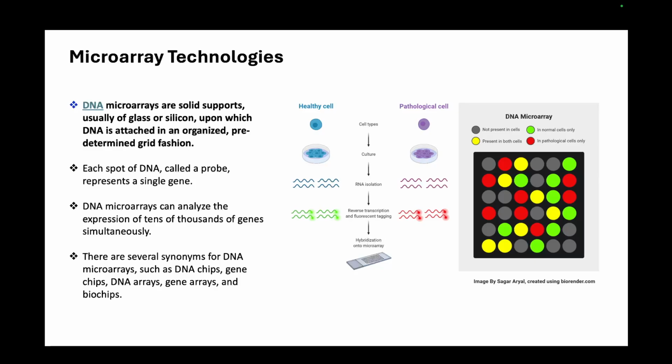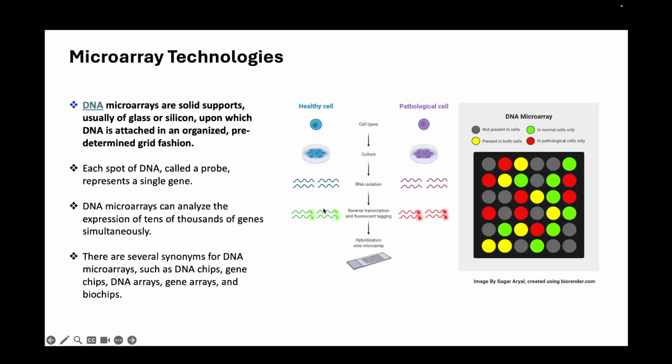It's basically a plate on which different probes are attached. If you extract all the genetic content of your cell and put it inside the plate, the strands that are complementary to this DNA probe will come and bind, and since you have attached a fluorescent tag, it will give you a signal.